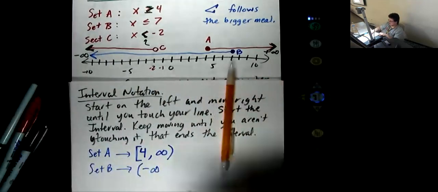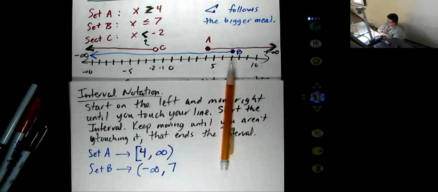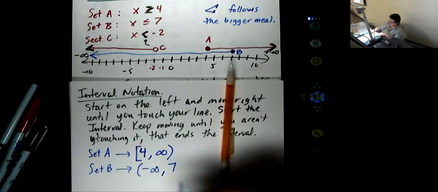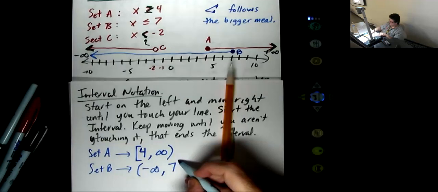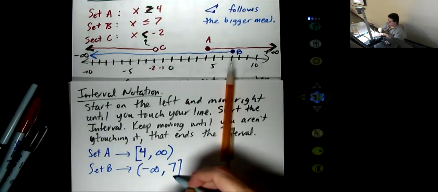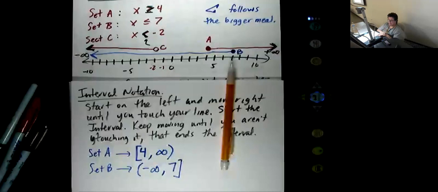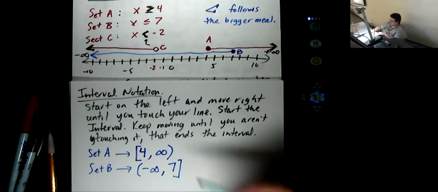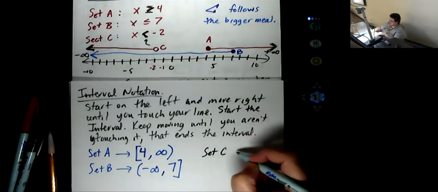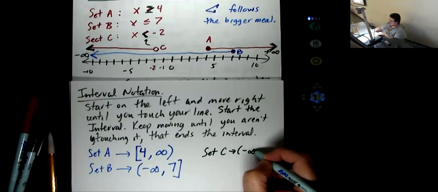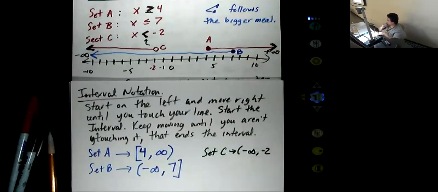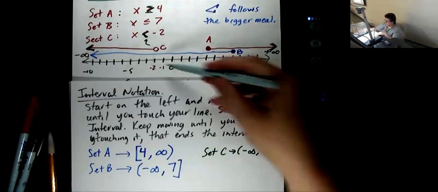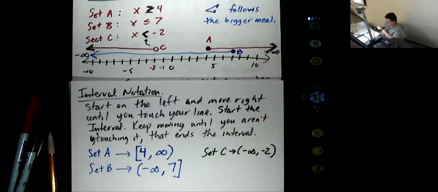It stops right there, at 7. 7 has a solid point, which represents an equal portion, so the equal portion is going to give me a bracket. You do the same thing with set C. You get negative infinity and it stops at -2. But -2 has a hollow point, so it gets a parenthesis.